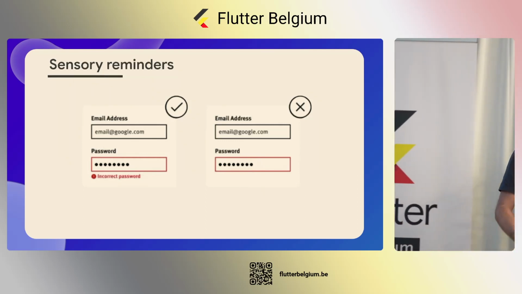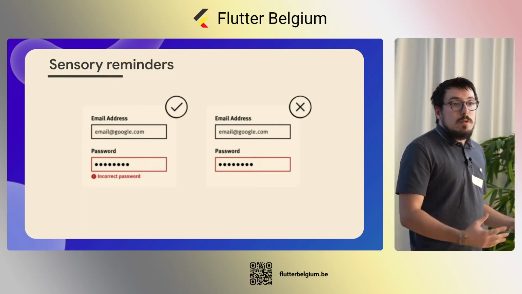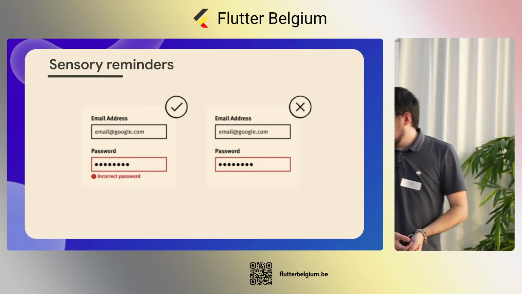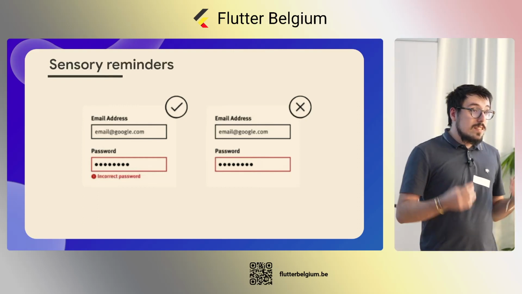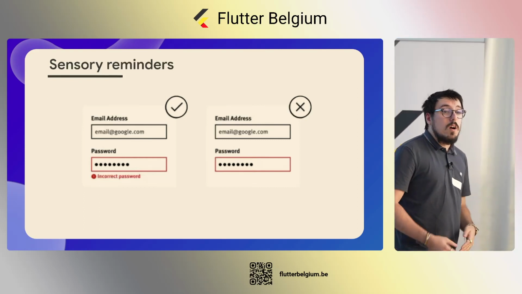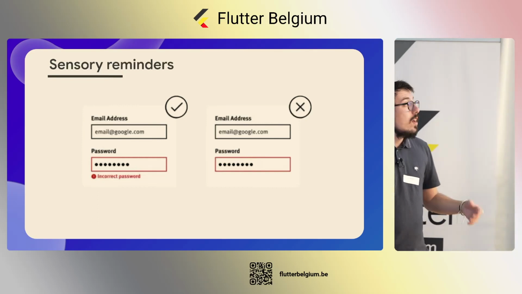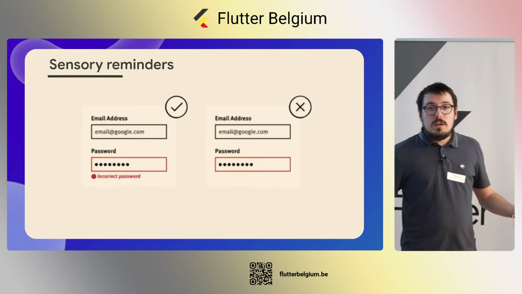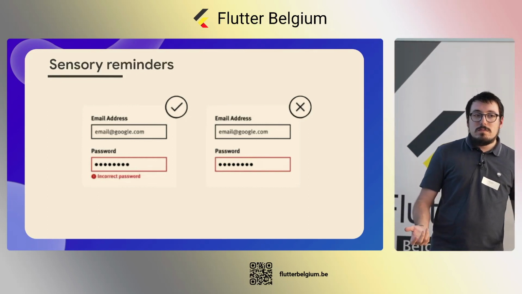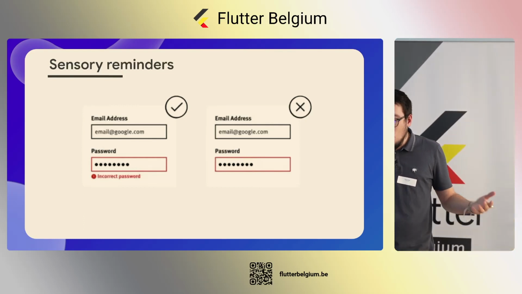And we, as sighted people, can see clearly that there is an error because the box is red, and we understand that there is an error. But somebody who maybe has daltonism, or some other condition, and can't see the color red, will go over it and think, oh, the website doesn't work, because it's just black and it stays black, and I have no idea why it doesn't work.